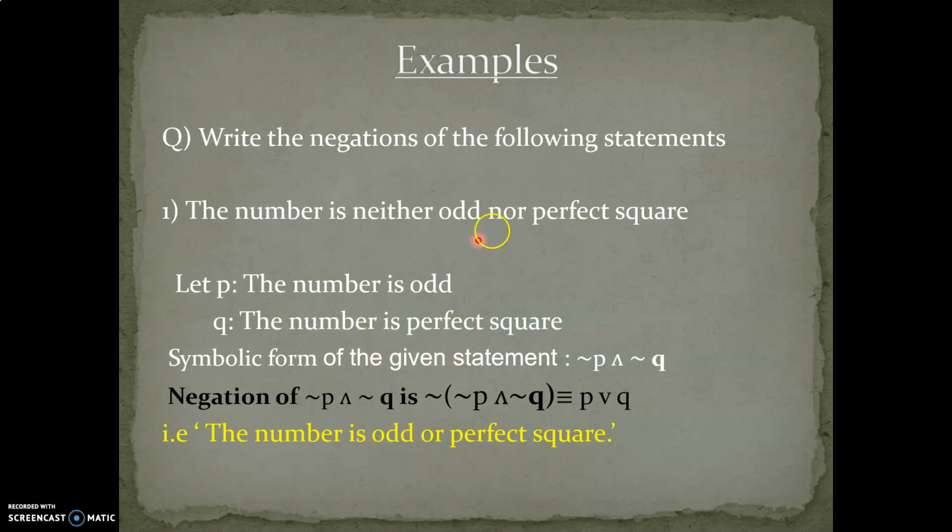You have to write the symbolic form of the given statement: negation P and negation Q. Now you have to apply negation on this one. So negation of negation P and negation Q is equivalent to P or Q. Now we will write the values over here. So the number is odd in place of P, or perfect square in place of Q.